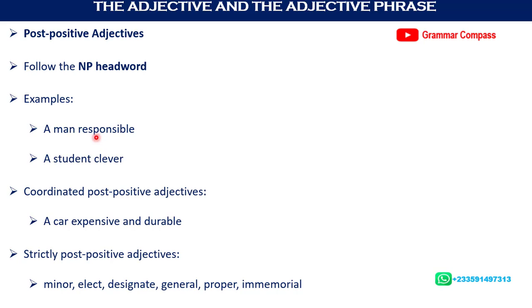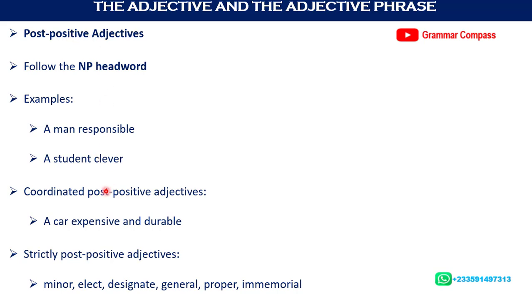So here, responsible is qualifying the man, which is the head, which means it comes immediately after the man, a post-positive adjective. Another example, a student clever. So here, clever is a post-positive adjective. It comes immediately after the noun head. That is a post-positive adjective.